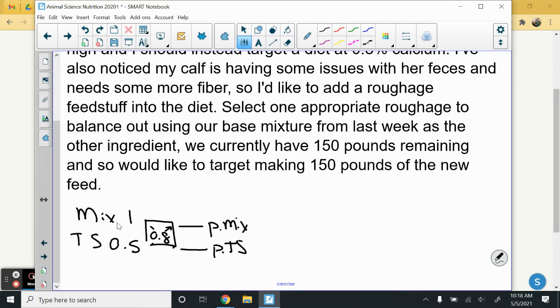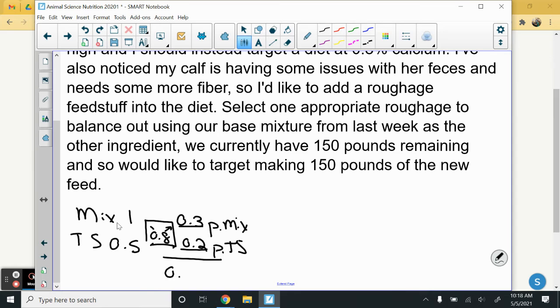I'm going to start and do my subtraction. 1 minus 0.8 gives me 0.2. 0.5 minus 0.8 is going to give me a 0.3. I'm really liking this math because it's much easier than usual. So then I'm going to add those together to get total parts.